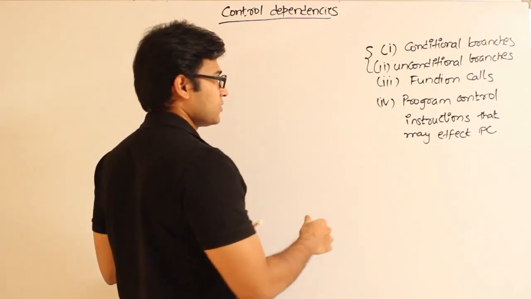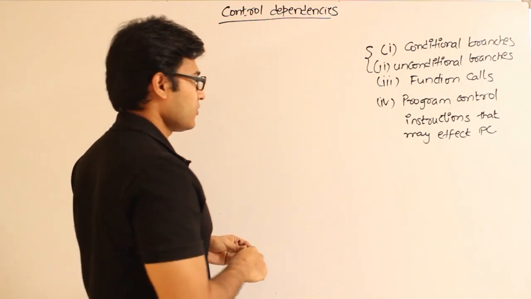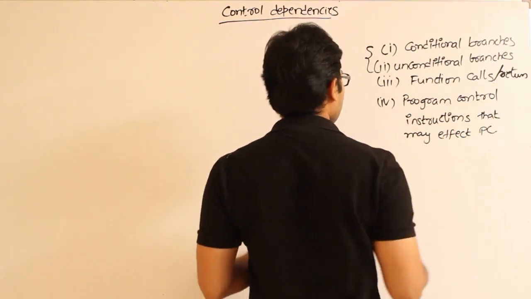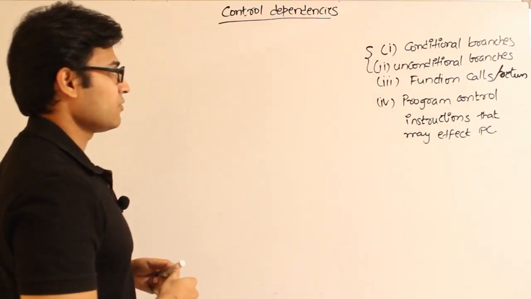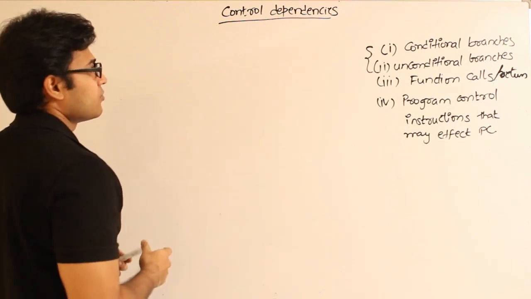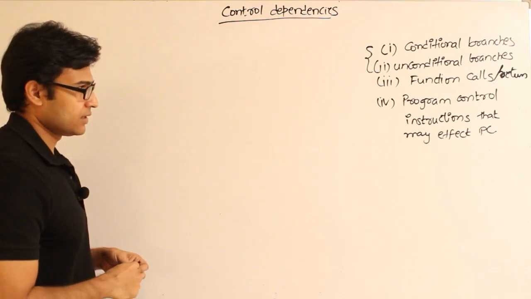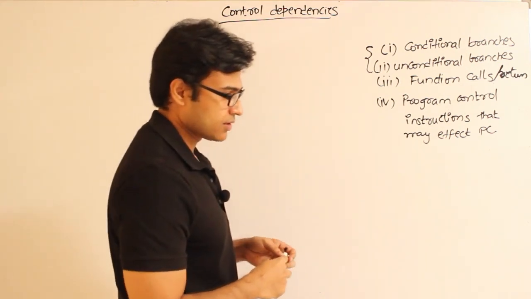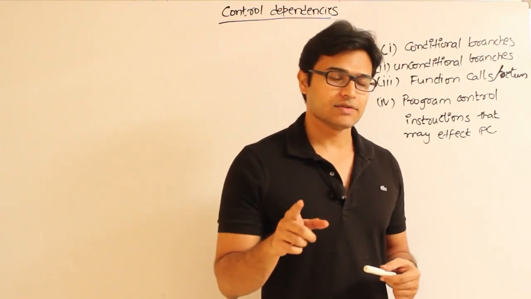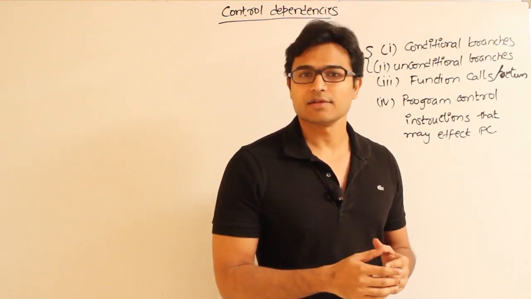And the next one is function calls. Along with function calls, you can also make the return. So return is also a kind of branch. Whenever we call some function, we have to go to some other location and execute it. Similarly, program control instructions may affect the program counter. When we discussed a basic example of a computer design, we discussed an instruction, if you remember, skip if 0 or skip if 1, something like that.